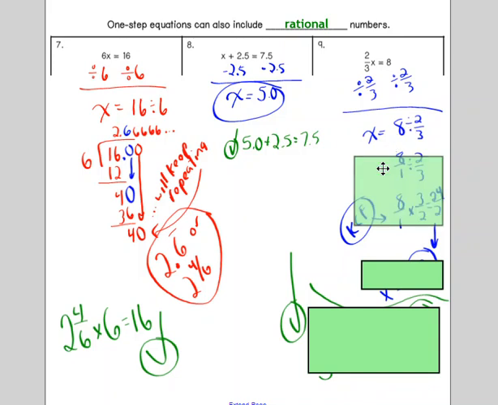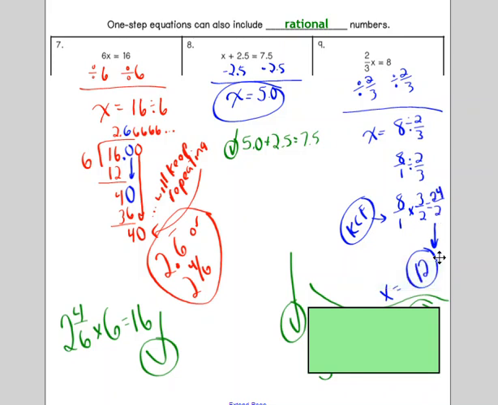If I take that through, I set these up as fractions. I remember my steps here of keeping the first fraction the same, changing it to multiply, and flipping the second fraction. When I really solve this one, I get 24 over 2, which is really the same as 12. So x has a value of 12.